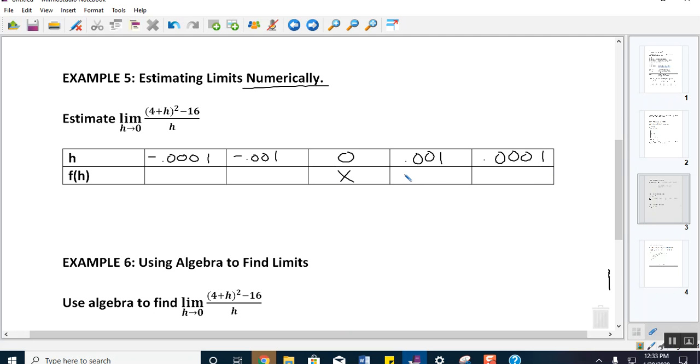Mine was the first one, and I got negative 7.999. But I don't know if it's supposed to be negative. Okay, we got the same thing. I got 6.999, but mine's not negative. I think I did mine wrong. Maybe you forgot to put the negative on the bottom of it.